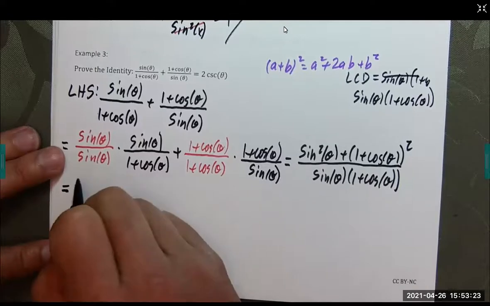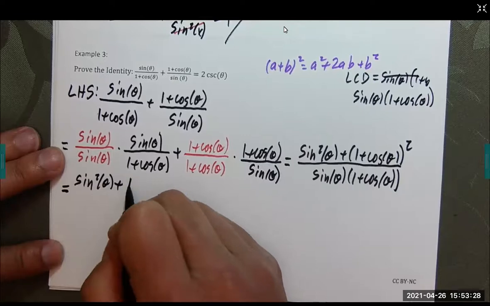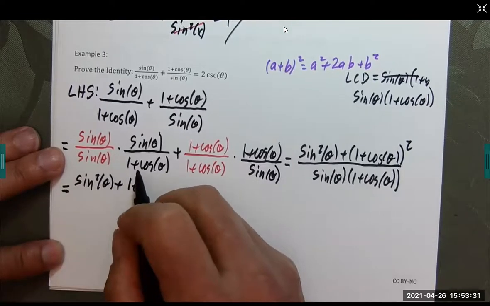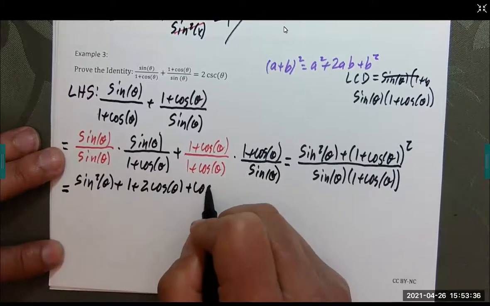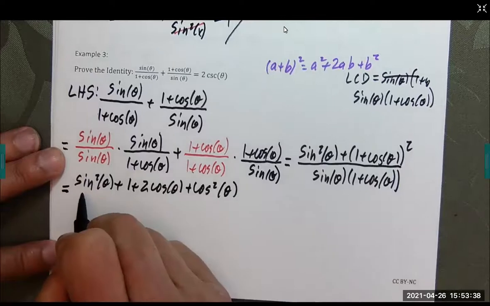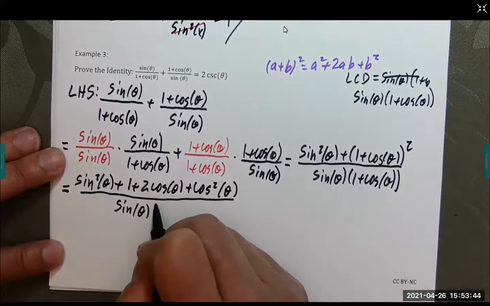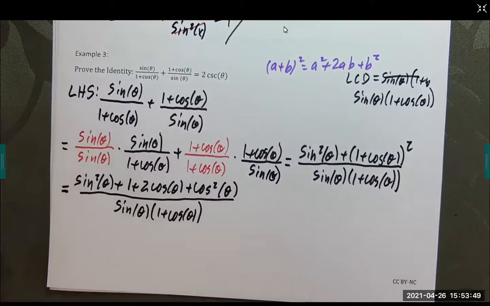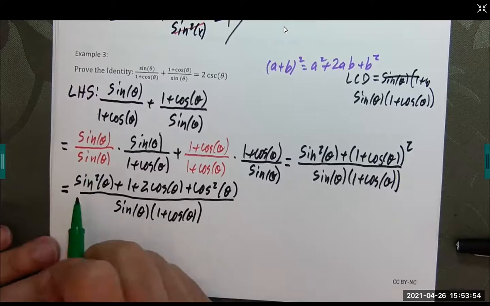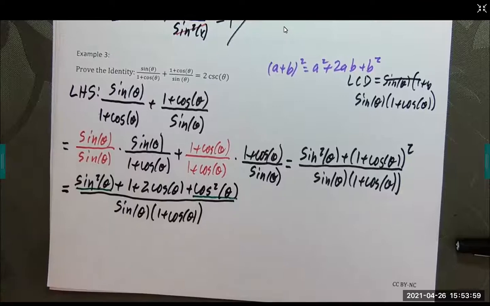So I have sine squared theta plus 1 squared, which is plus 2 times 1 times cosine theta, so 2 cosine theta plus cosine squared theta. And I'm going to note that I see sine squared theta plus cosine squared theta. And those become 1.